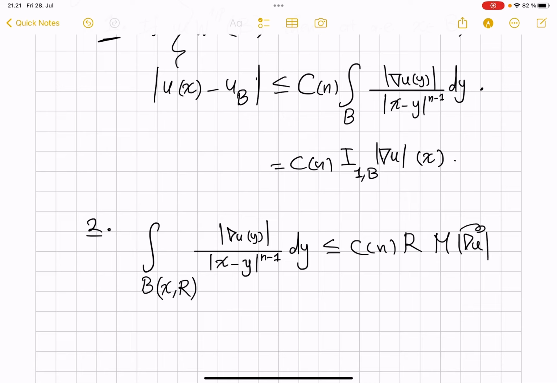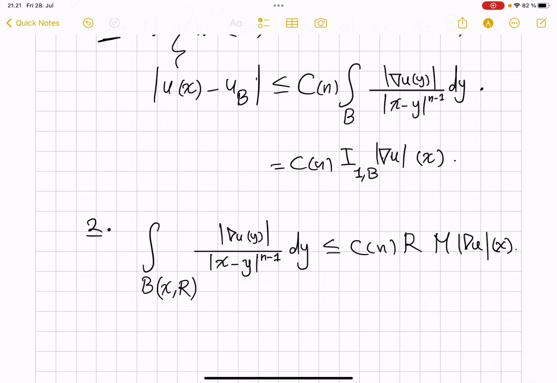So here, gradient u, if you replace by just some phi, you see that this is just saying that the Riesz potential is bounded from above by the diameter of the ball times the maximal function of that function evaluated at x.